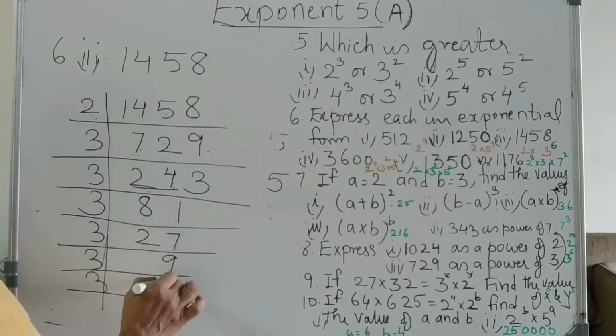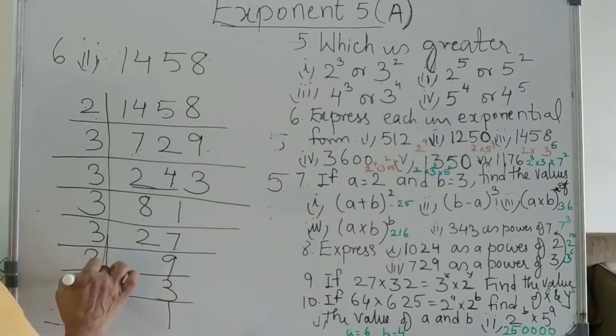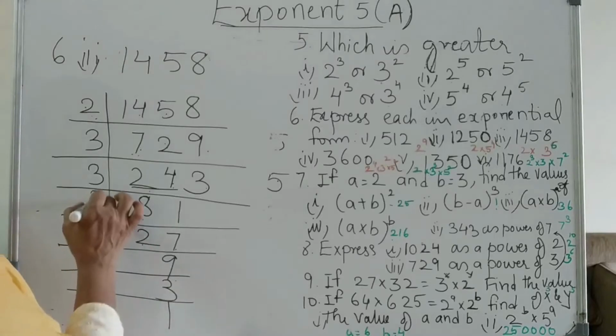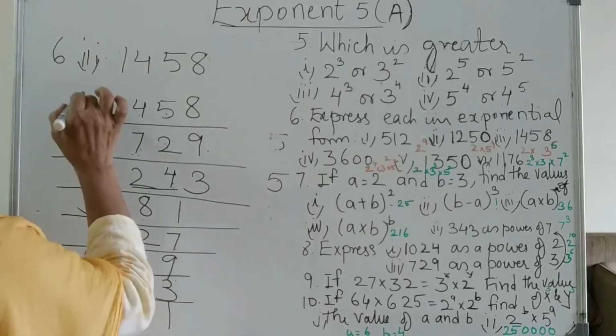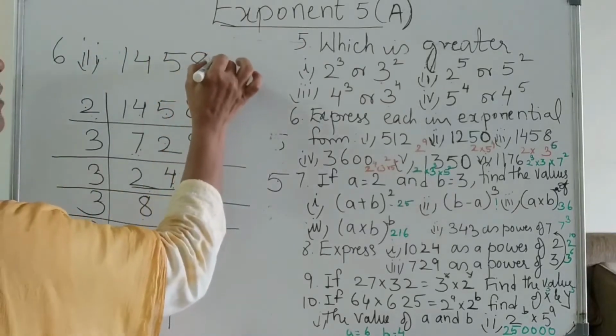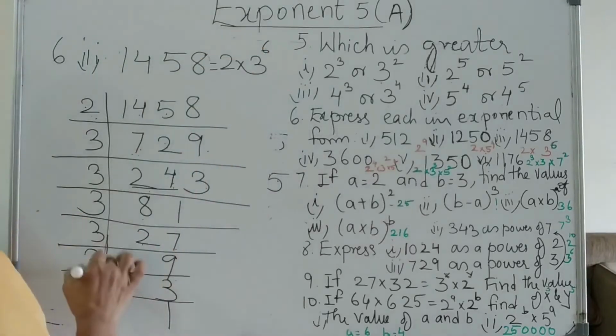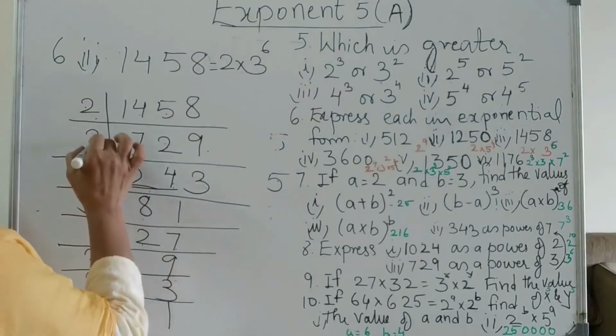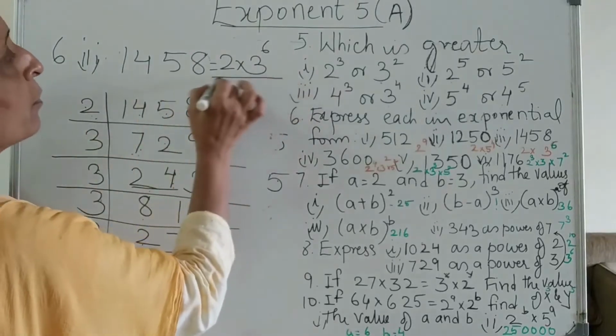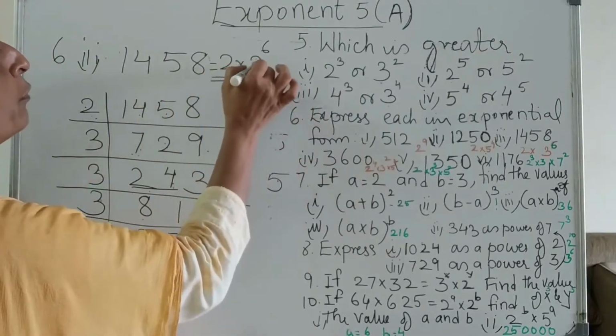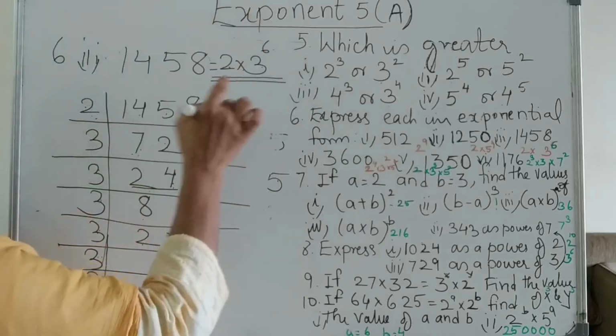So now you have got how many 3s? 1, 2, 3, 4, 5, 6. Now this you can write as 2 into 3 raised to 6. So this is the exponential form: 2 into 3 raised to 6.